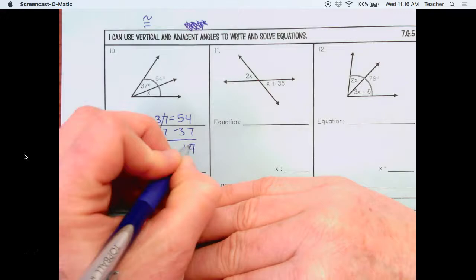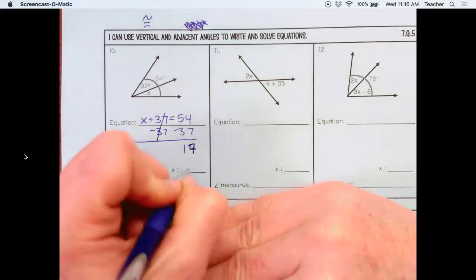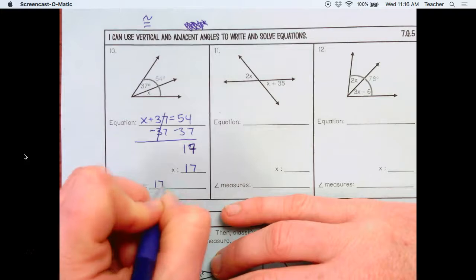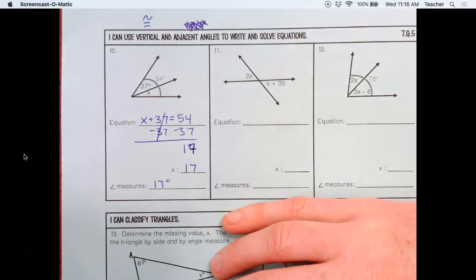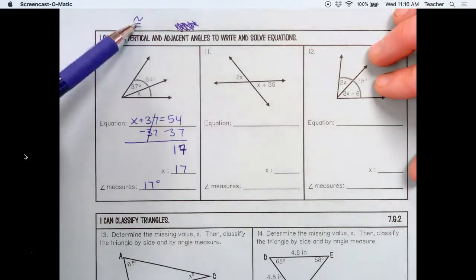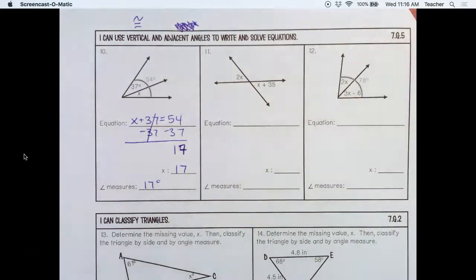That's a 7. Wow, I'm having issues. I need to go to the doctor and get my head cold gone. So we have 17 degrees for x. So what are the angle measurements? Well, there's only one missing, so it's 17 degrees. So for 11 and 12, you're going to use the fact that vertical angles are congruent and adjacent angles share a side.